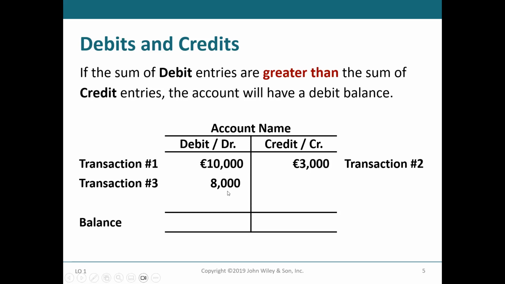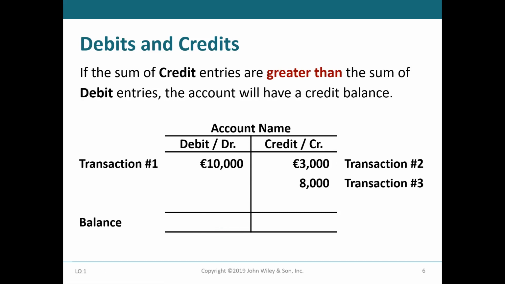We take the sum of debit entries minus the sum of credits, and the balance would be 15,000, and it's going to be on the debit side because the sum of the debits is more than the sum of the credits. So we have 10,000 plus 8,000, which is 18,000, minus 3,000, and that will give you 15,000. So 15,000 should be on debit, not credit, because the sum of debits is more than credits.